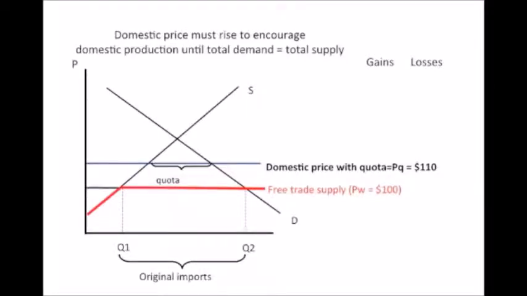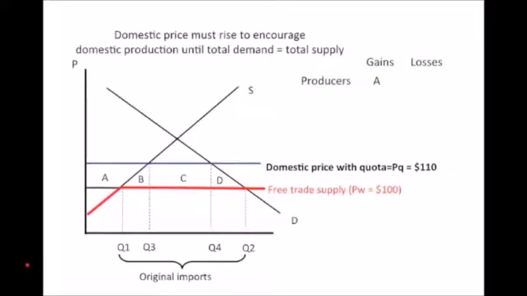So in this instance, domestic production is now at Q3, domestic consumption is Q4, and the difference that's imported is what is allowed by the government to come in. So what we see is that the quota raises the price inside the domestic market. So let's take a look at the impact on the various groups within the domestic economy.